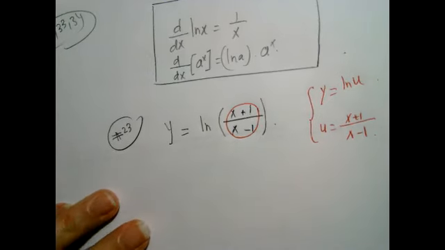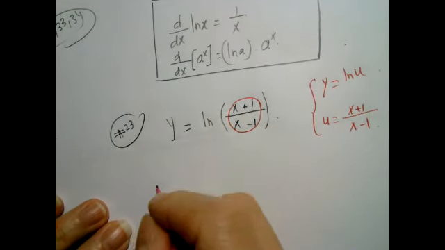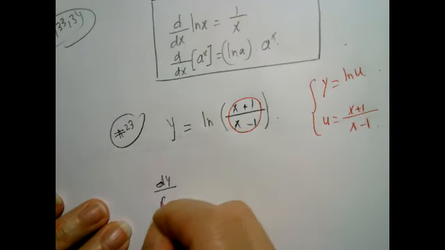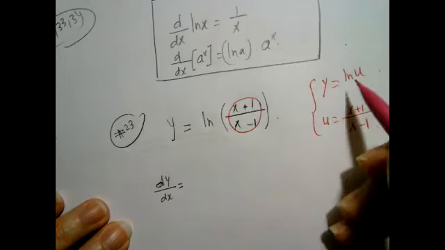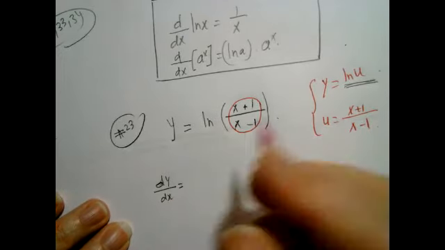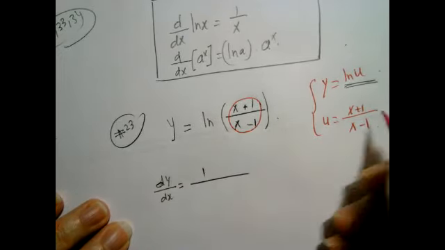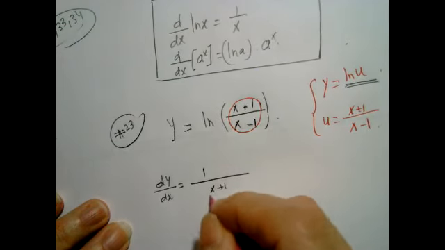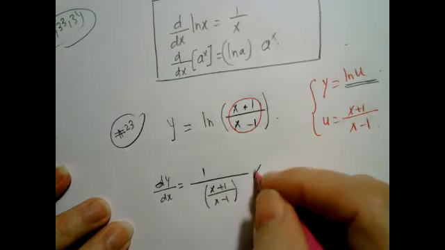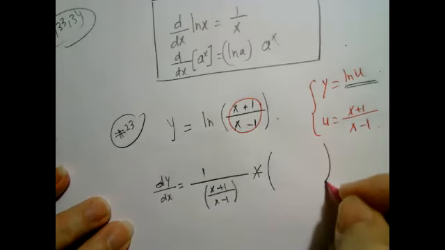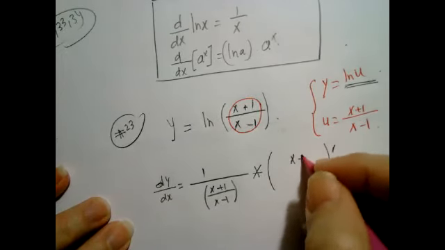So the derivative, dy/dx, is the derivative of the ln evaluated at the inside, times the derivative of the inside.